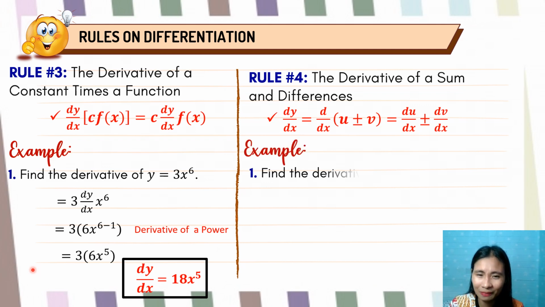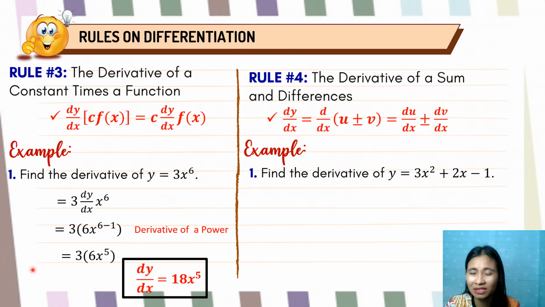So we have here, for example, find the derivative of y is equal to 3x squared plus 2x minus 1. How many terms do we have here? We have 3. One is 3x squared. The second one is 2x. The third one is negative 1. So using the concept of rule number 4, we are going to have the derivative of each term.